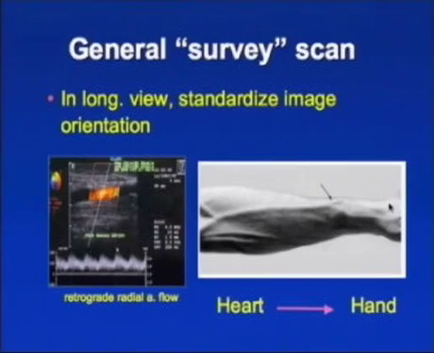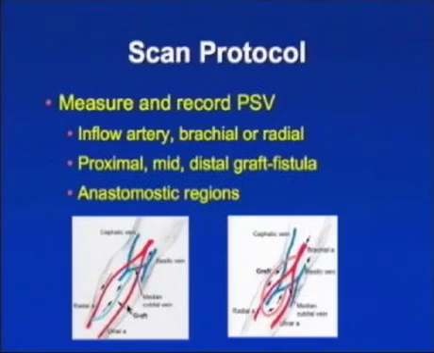This way, we know that blood flow going from left to right, say in this case in a radial artery, is a steal going on. This is a retrograde radial artery flow that's distal to a fistula or a shunt, and it's causing a steal from the radial artery. So without this image orientation, it's difficult to figure out flow directions.